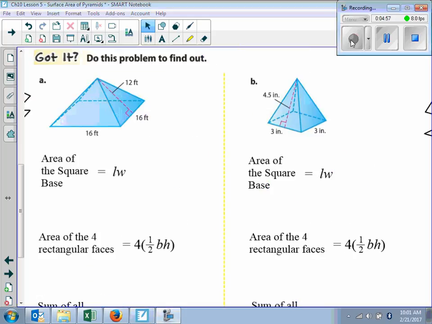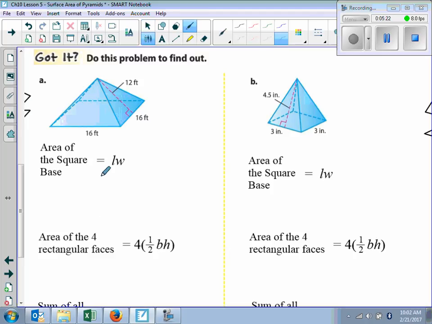Okay. All right. So here we want to find the surface area of each of these pyramids. Now, once again, we can see that our base is what shape? Well, it's a 16 by 16, so it's a square. Very good. So we can find the area of that square base, which is length times width.